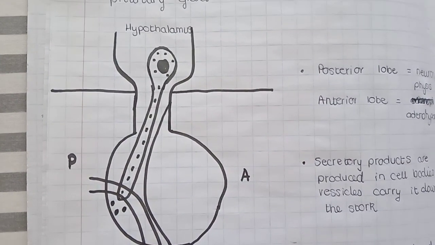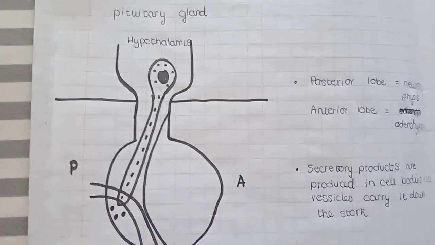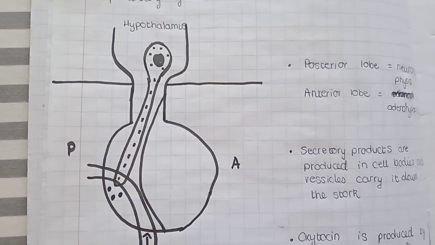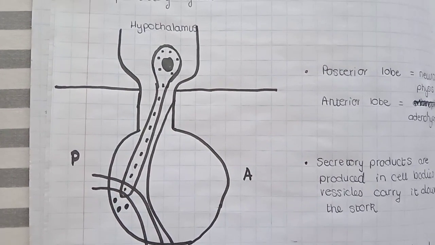So ADH restores water balance, it would reduce urine levels, and in that way we can cancel out the negative feedback mechanism.